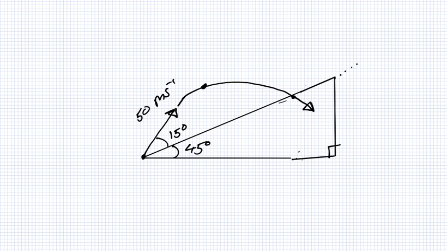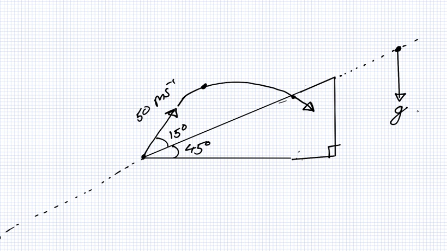Just before I do that, let me extend this out a little bit more here, and draw in the fact that gravity is downwards like this at g meters per second squared, 9.81 meters per second squared.